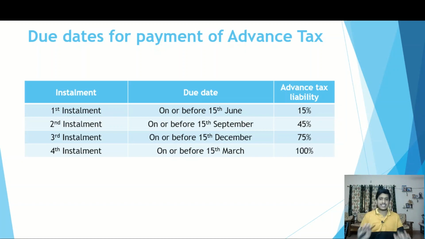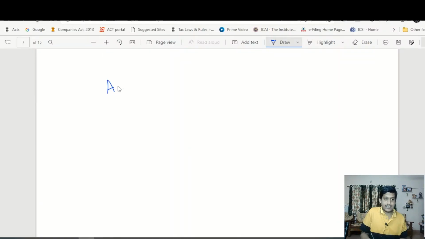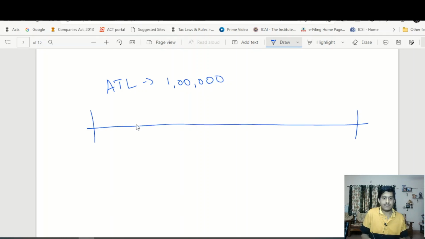Let us understand this with a very basic example. Let us keep your advance tax liability as 1 lakh rupees. So we all have studied 4 due dates: 15th of June, 15th of September, 15th of December, and 15th of March during the financial year.